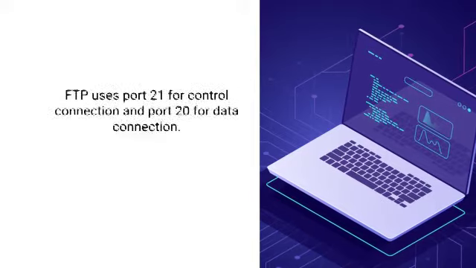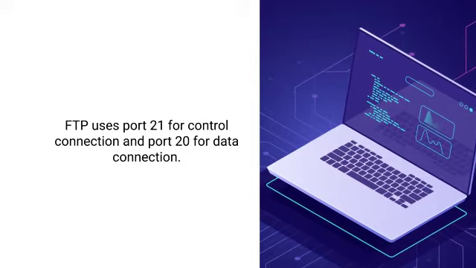FTP uses port 21 for control connection and port 20 for data connection. In the entire FTP session, the control connection remains activated while the data connection opens for transferring the files, and then is closed when the file is completely transferred. So that is what is basically called FTP.